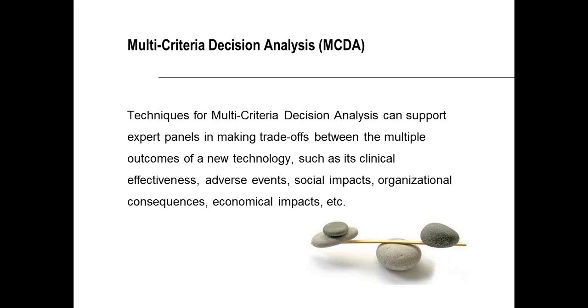So multi-criteria decision analysis can help these different experts discuss the trade-offs they have to make if they want to decide whether a new technology has more value than the existing ones, or for other types of decisions. This is the explicit support MCDA can offer these panels, but it has more advantages, and I will show you during my illustrations.